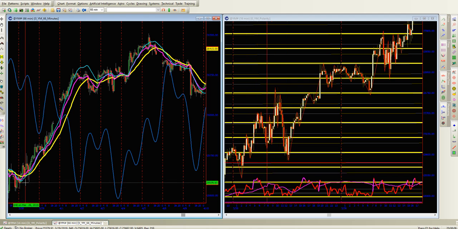We got this guy moved up, blue line followed up, blew up as well. So around after 12, we should start taking some long trade.